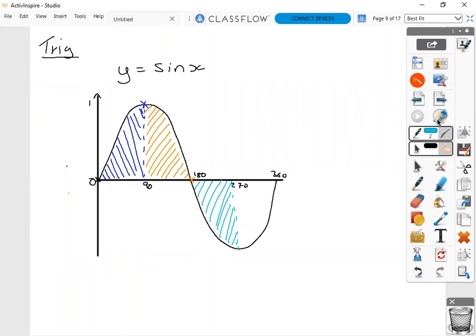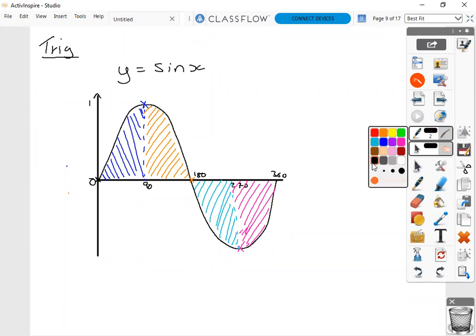Finishing that off, from sine 270 to sine 360, we're increasing from our minimum of -1, going back up to the x-axis, which is at 360. So there's a milestone every 90 degrees.